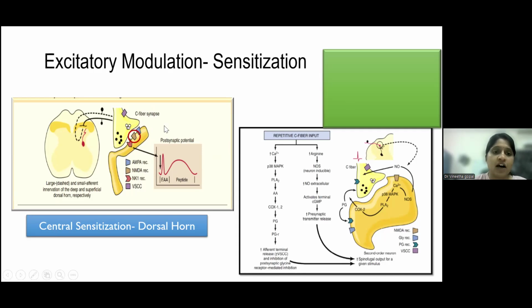First, how will we block this NMDA? I told you this is the main culprit behind central sensitization. So how can we block this NMDA? Any answers? Any NMDA antagonist that you know? One opioid is there which has action on NMDA.